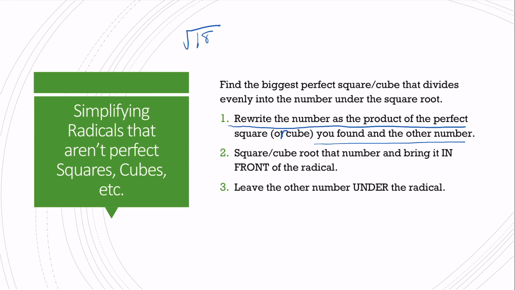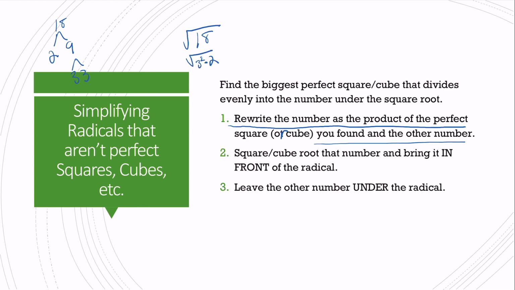Because we're taking a square root, I'm looking for perfect squares. So if I have the square root of 18, I can think of 18 as, if I made a factor tree, 2 times 9, which is 3 times 3. So I can think of that as the square root of 3 squared times 2.